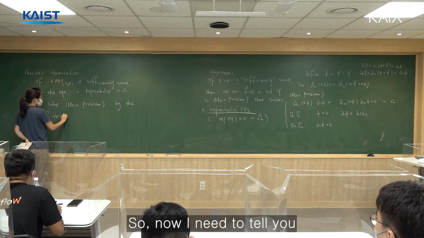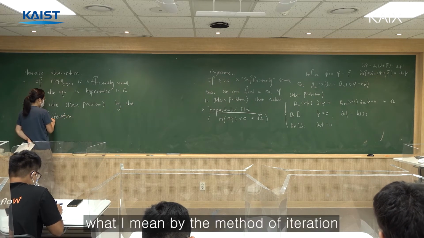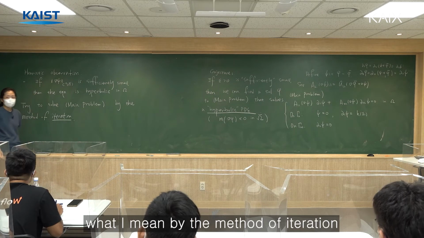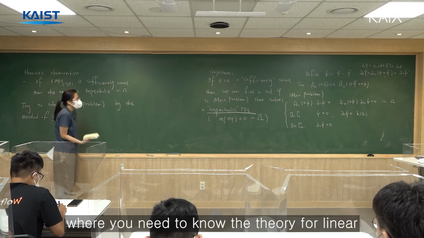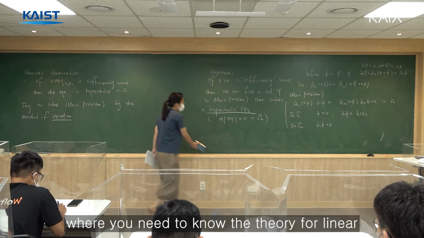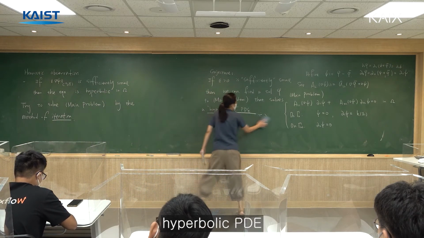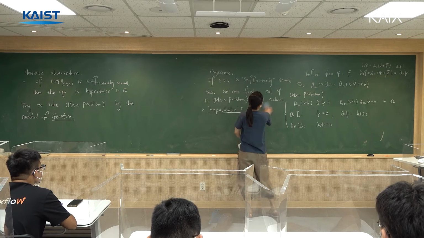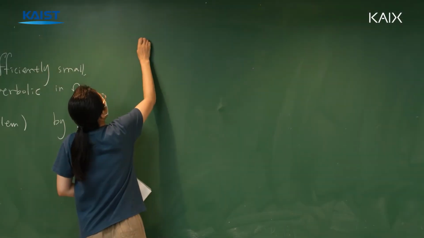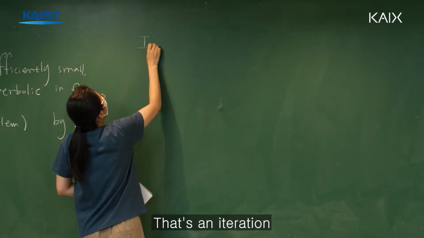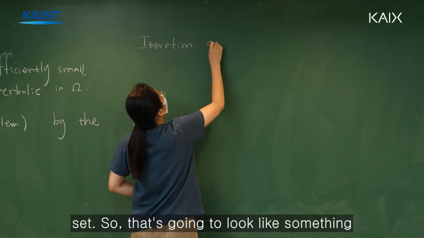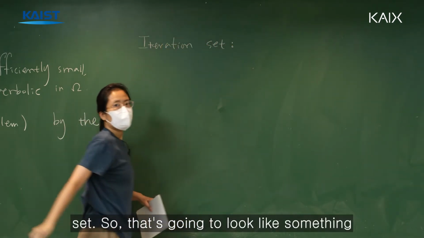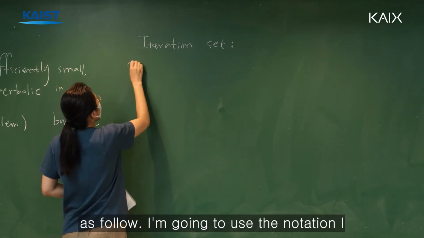So now I need to tell you what I mean by the method of iteration, okay? So this is where you need to know the theory for linear hyperbolic PDE. Let's define the iteration set. So that's going to look like something as follows.